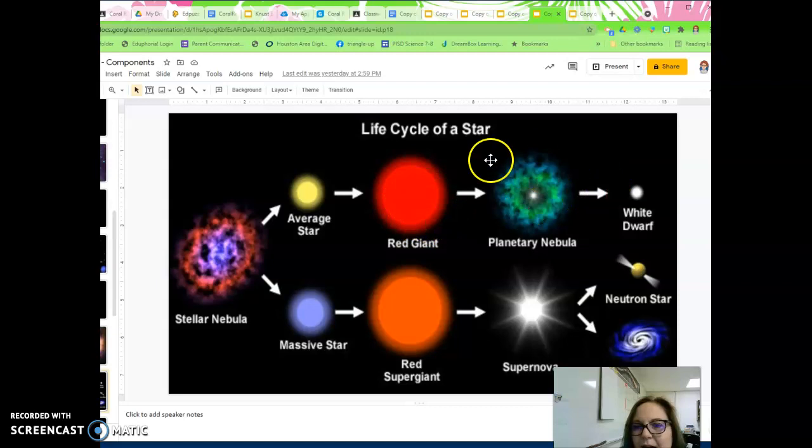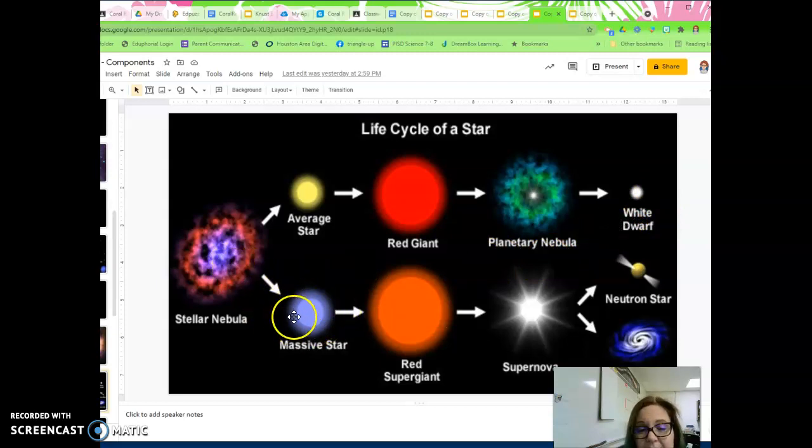But then all of the outer levels just kind of blow away and escape as the gravity lessens. And the core becomes what we call a white dwarf. Those outer gases just become what we call a planetary nebula. And you're just left with a white dwarf, which can burn for millions of years or more.